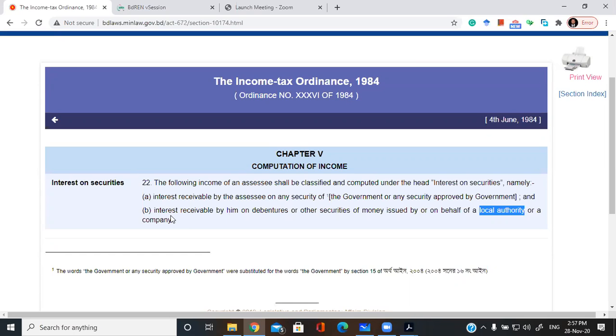Okay, as Bangladesh is not a very big country, local authorities are almost dependent on revenue from the government. Their generation of their own revenue is not to that extent. But in other countries, for example, India or US or China, their local authorities are relatively more dependent on their own income.